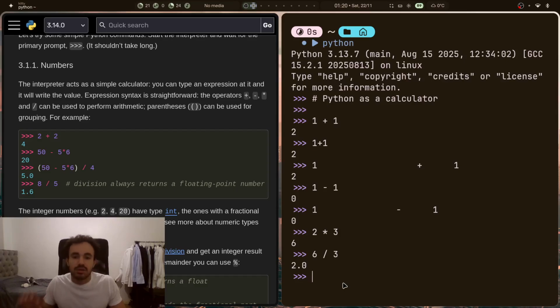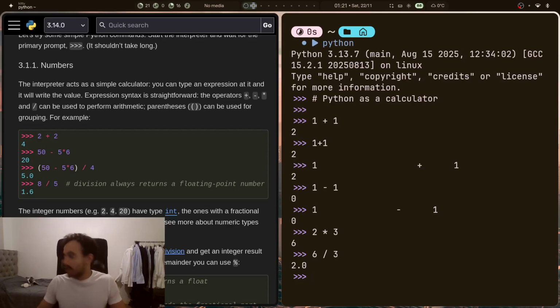In a nutshell, if you add two whole numbers together, you're guaranteed to get a whole number. If you subtract two whole numbers, you're guaranteed to get a whole number. If you multiply two whole numbers together, you're guaranteed to get a whole number. But if you divide two whole numbers, you may get a decimal point number as a response, and therefore Python defaults to a floating point, or if you're coming from another programming language like C++, then it would be a double as opposed to a floating point.